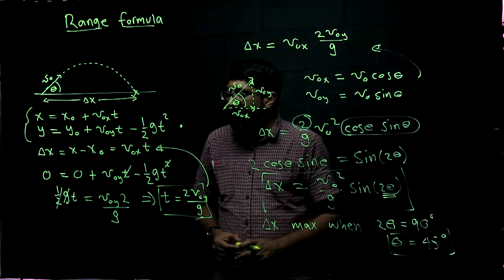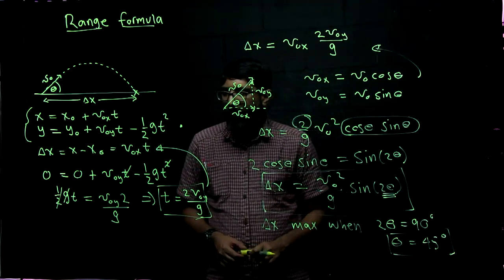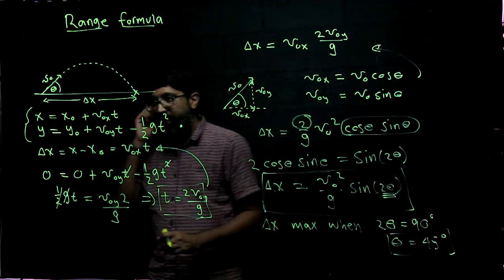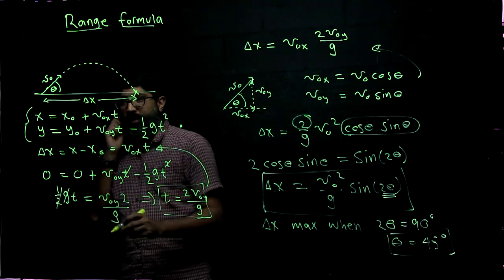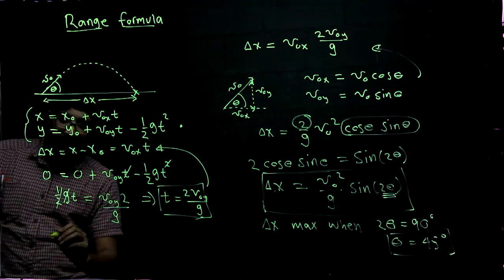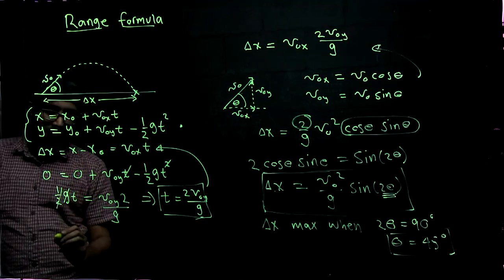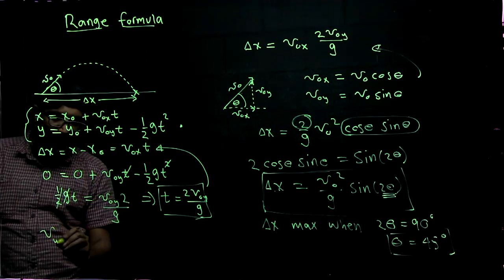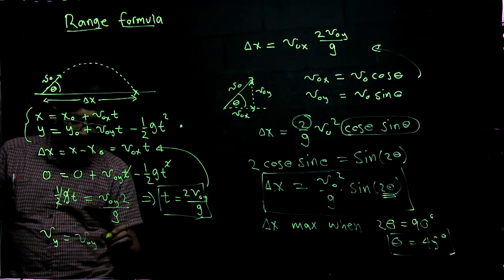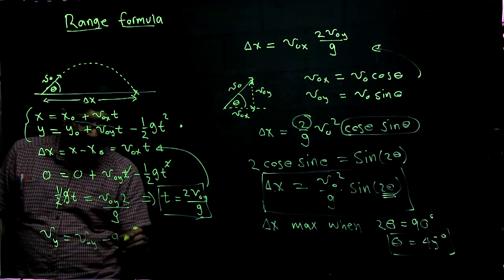Now, I mentioned that there was another way to approach this problem, and that is to use a velocity equation. So instead of using this equation, I could have used the velocity in the vertical direction. So Vy equals V0y minus gt.